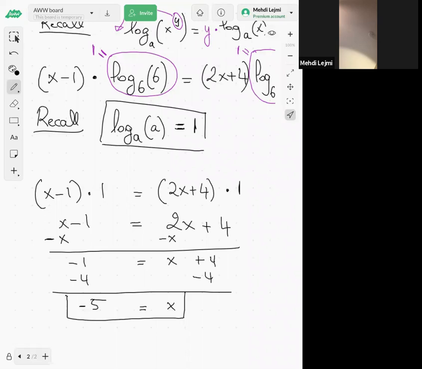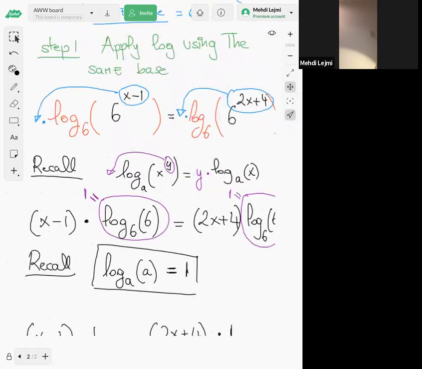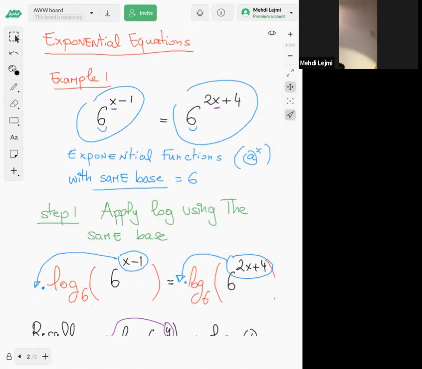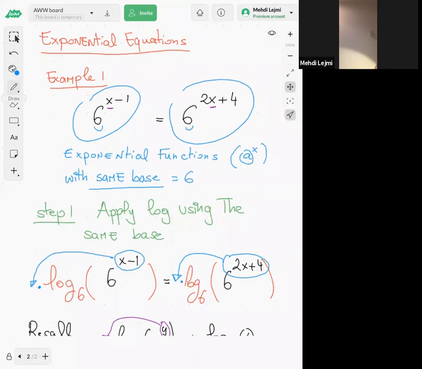That will actually be the final answer, because for exponential functions, guys, the domain is the whole number line. There are no restrictions on the domain of exponential functions. You see in the original equation you have 6 to the power x minus 1, and this x could be any number, positive or negative, it doesn't matter.